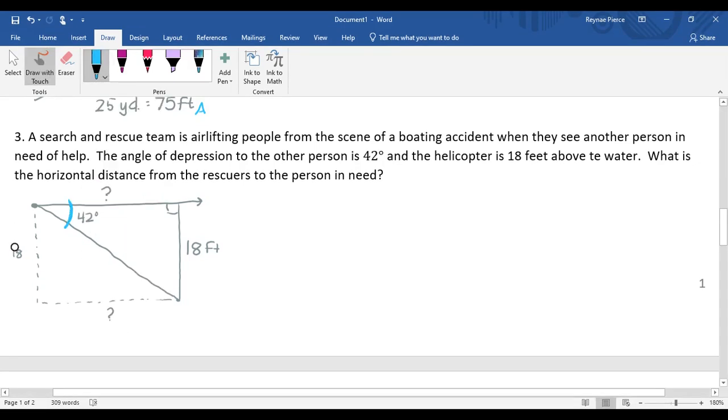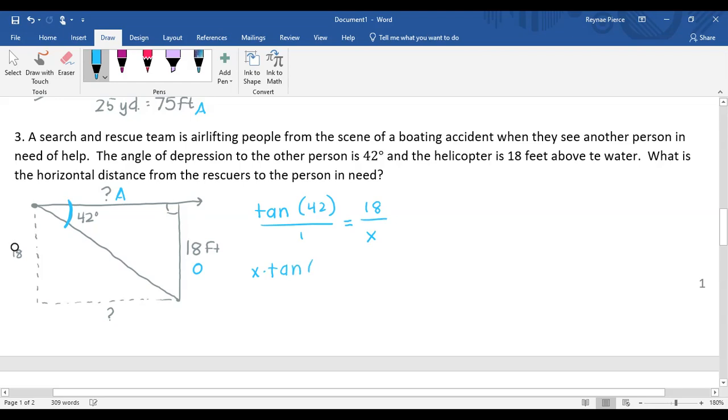Reference angle, 18 is opposite. What we're trying to find is adjacent. Since we're looking for a side length, we are going to use our regular trig function. Tangent of 42 is 18 over x.